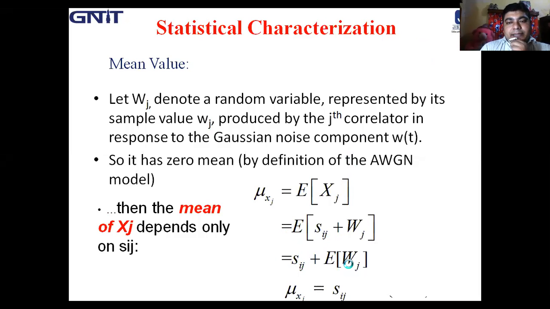And the expectation of Wj, that is the mean of the noise, is already assumed to be zero. So the mean of the random variable Xj is basically sij.